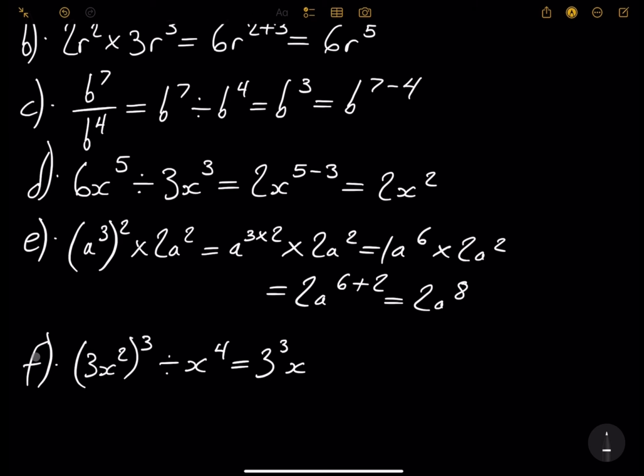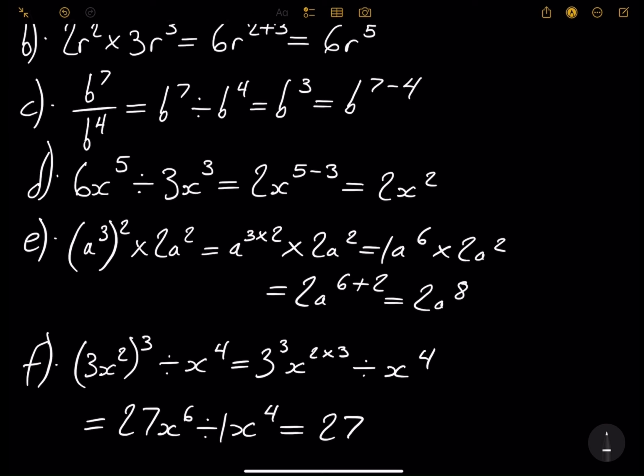We have to multiply these two numbers, and this is obviously all divided by x to the power 4, and we can simplify this further. 3 cubed is 27, and then 2 times 3 is 6, so divide that by x raised to the power 4. 27 divided by 1 is 27, and then we have to subtract these exponents, end up with 27 multiplied by x raised to the power 6 minus 4, and that's equal to 27x squared.